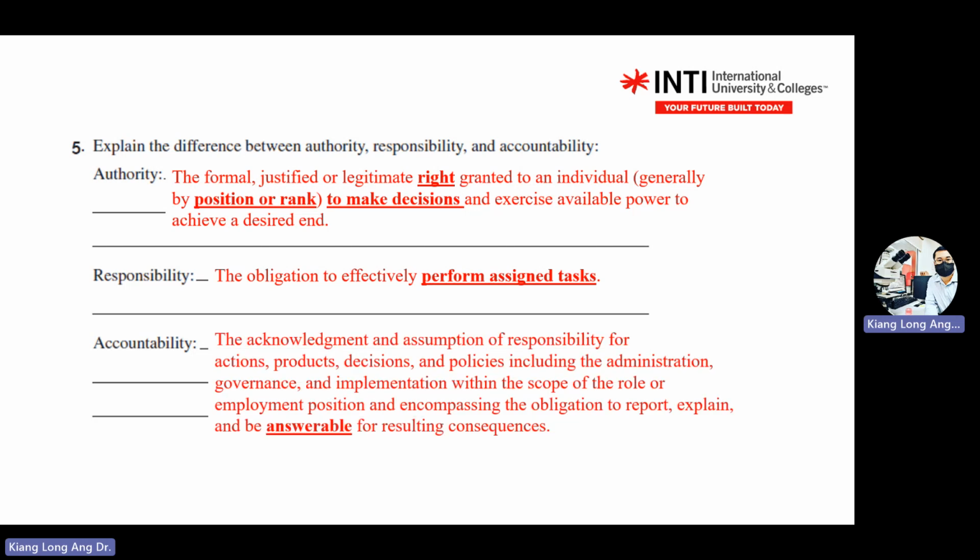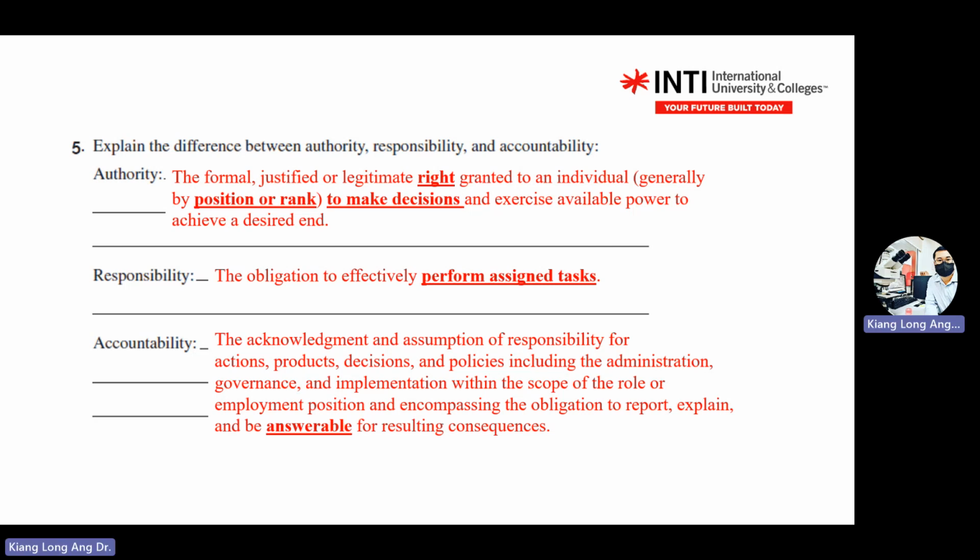Accountability is a bit lengthy, but what I'm looking for is answerable for the consequences. It means you're answerable for the consequences. You cannot use decision, because decision is the authority. Accountability means answerable or responsible for the consequences.